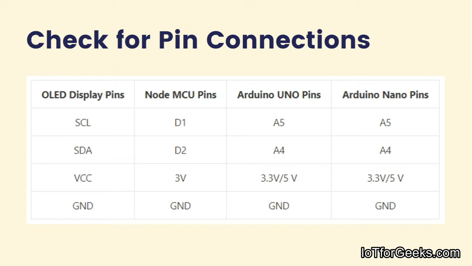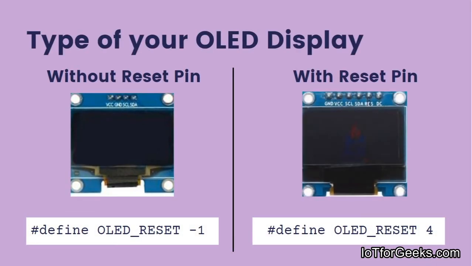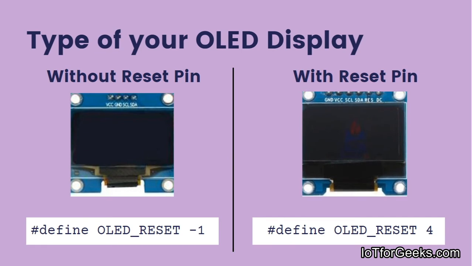If you are sure that you have made the proper pin connection, then you can go for the next check, and that is the type of OLED display. Generally, OLED displays come in two types, that is with a reset pin and without a reset pin. If your OLED display doesn't have any reset pin, then while declaring the reset pin, you can select it as -1.